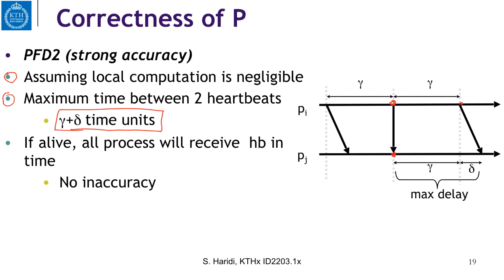If this process is alive and well, its heartbeat should arrive in this period within 0 and delta time units. So if Pi is alive, Pj will receive the heartbeat from Pi within this period, the period gamma plus delta. And if it didn't, for example, because this process has crashed, it will not receive this heartbeat, and it should be accurate because it should receive the heartbeat within this period.